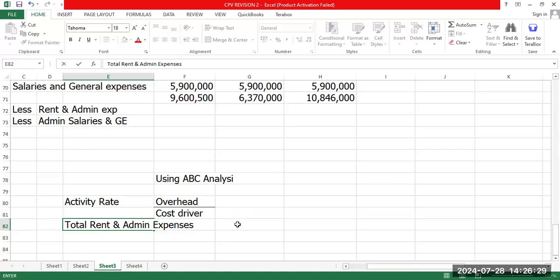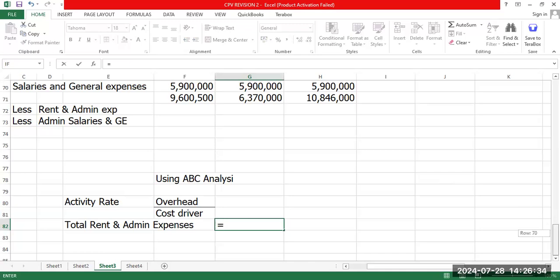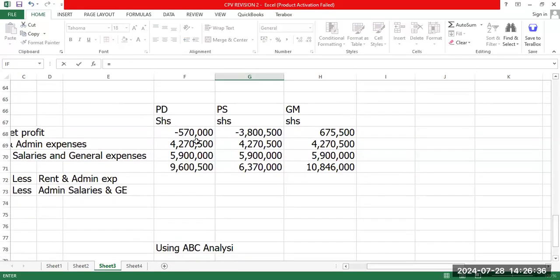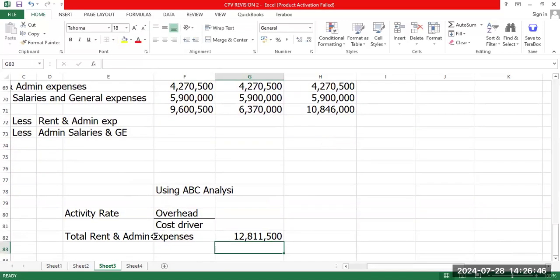If you get this plus this, then plus this, that is the total. Okay? Then, if you know the total, that is the total overhead. What is the activity rate? Your cost driver in this case is what? Understand what is your cost driver.